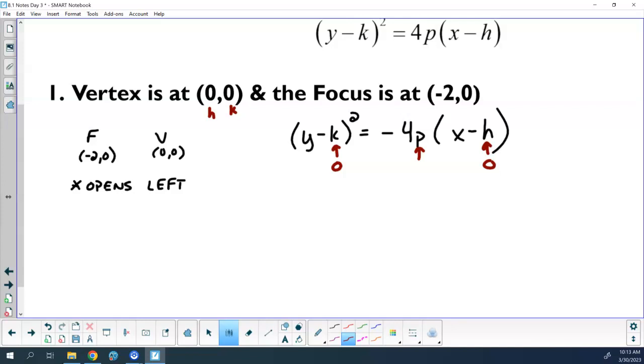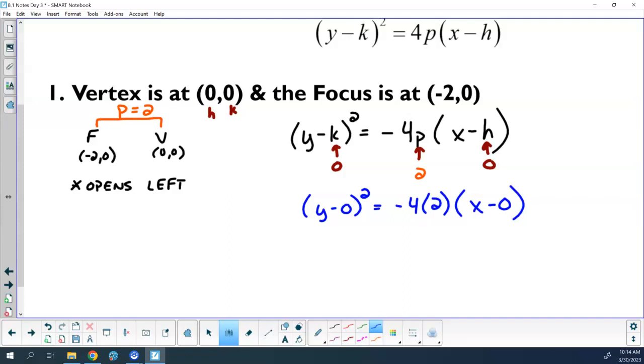Yeah, because I've got this distance right here, right? Here's my focus, here's my vertex. How far apart are those 2 points? 2. They're 2 apart, right? So P then is 2. So if I put that all together, I get y minus 0 equals negative 4 times 2 times x minus 0.